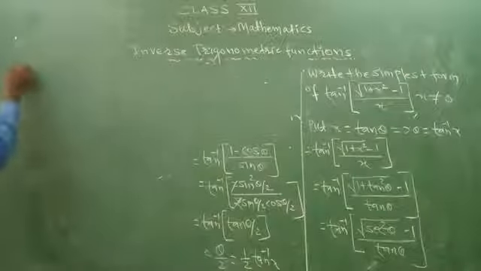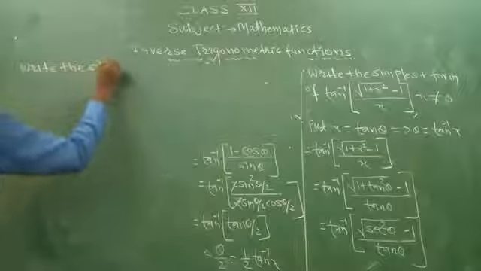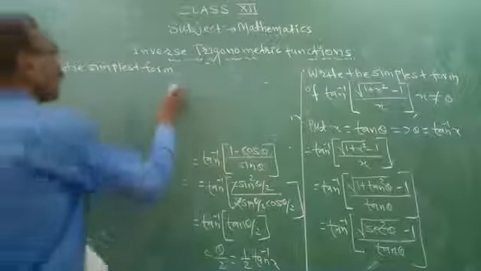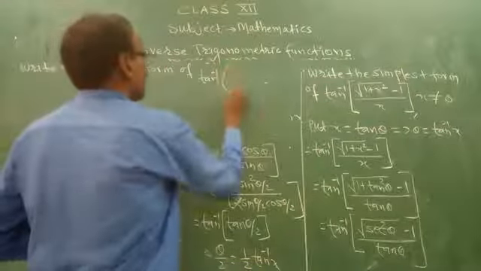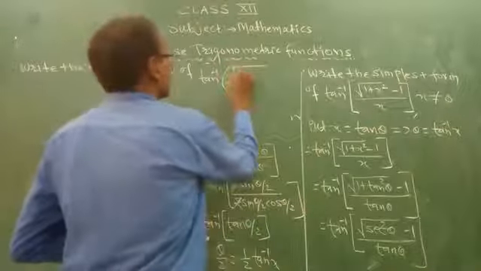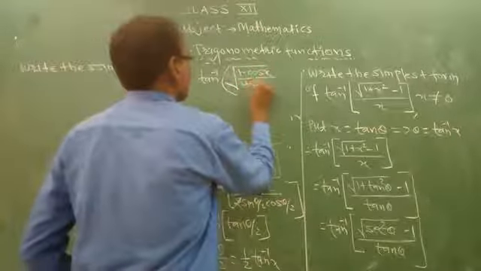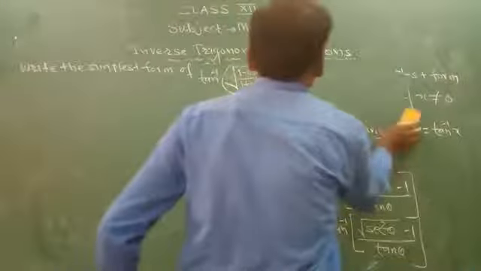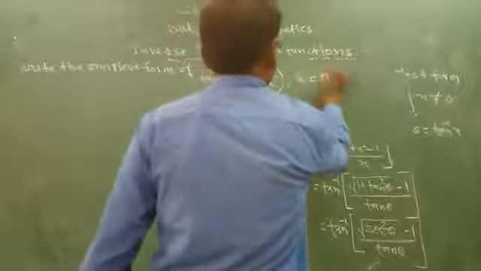Write the simplest form of tan inverse in bracket under root (1 minus cos x) upon (1 plus cos x), where x is less than pi.